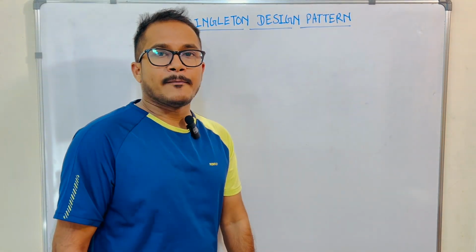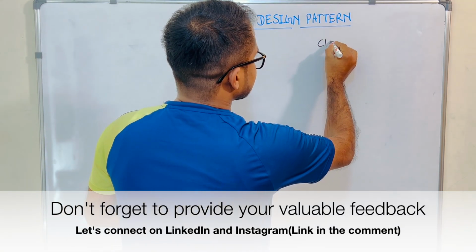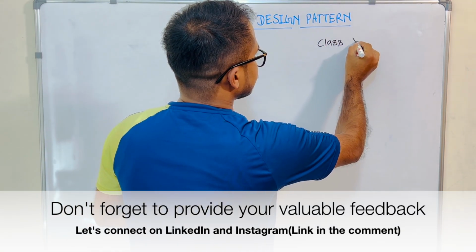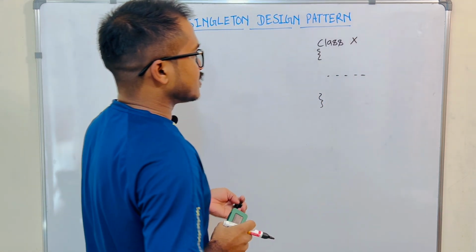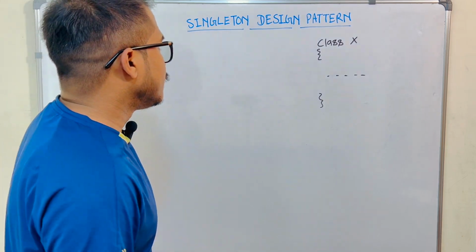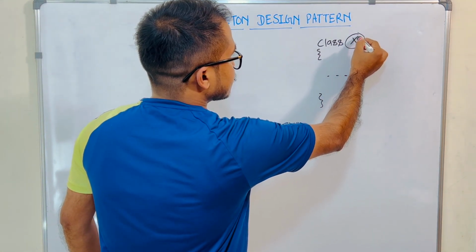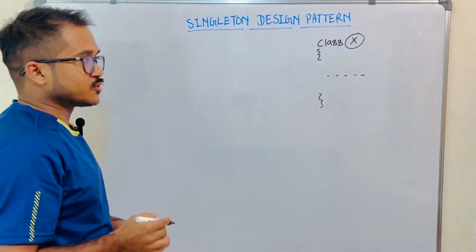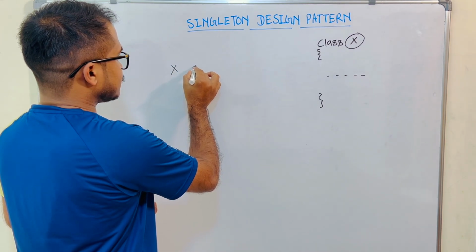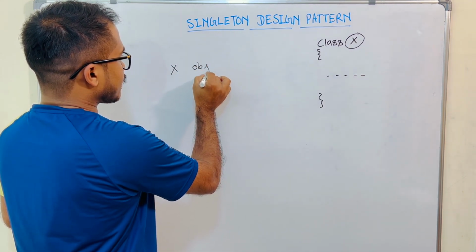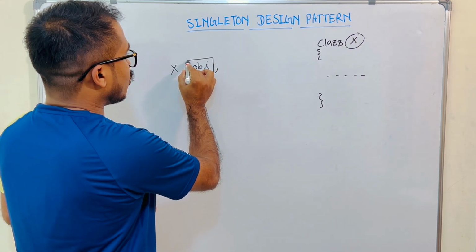Sometimes what happens is, let's say there is this class X in your system, and this class can contain different functions or member variables. What you want is the single instance of this class X in your entire system. So let's say you have created the object X obj, so there should be only this particular object in the whole system.